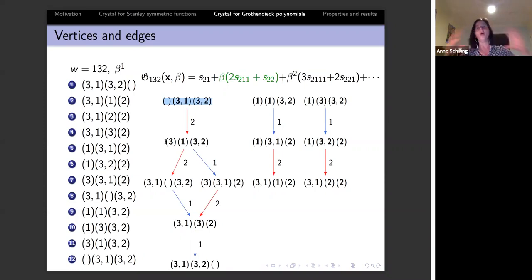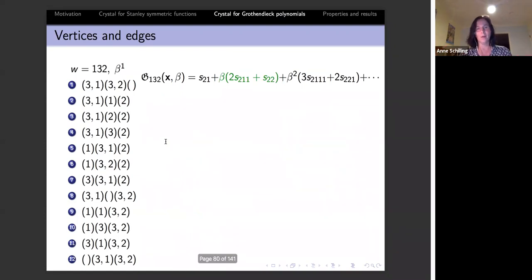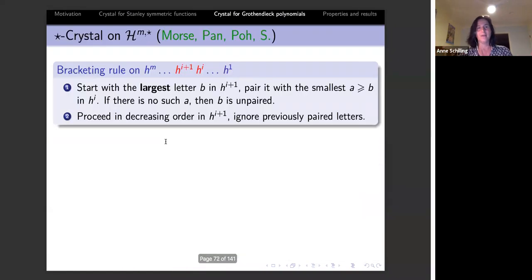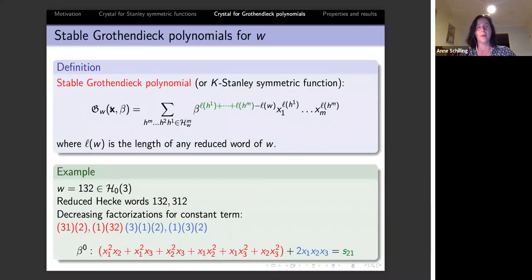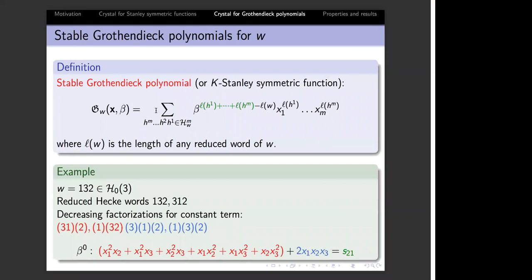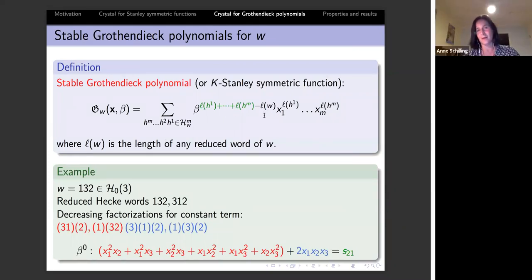So if you wrote this in terms of monomials, then you would get exactly the expression I used to define the Grothendieck polynomials, because this one is precisely in terms of the monomials.